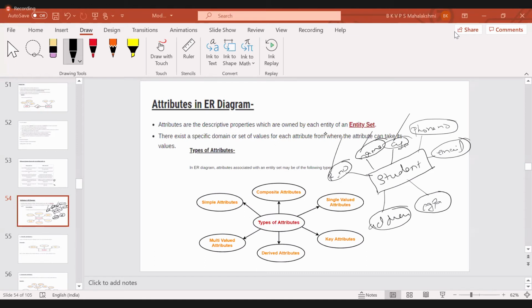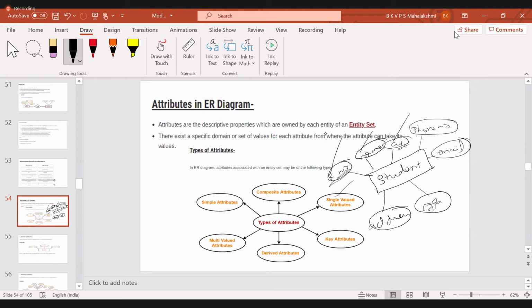We are just talking about whether the attribute has a single value or not. Even name is a single valued attribute, but it doesn't mean that it has only unique values. Understood now? So if an attribute has a single value for a particular record, then that is called a single valued attribute. And coming to the key attribute, you already know about it. Among all these, this is the key attribute.